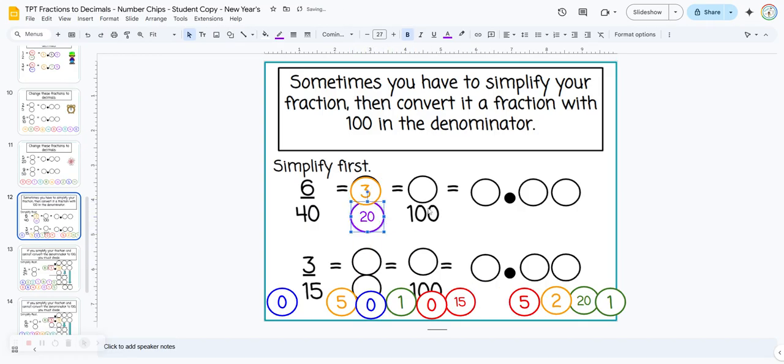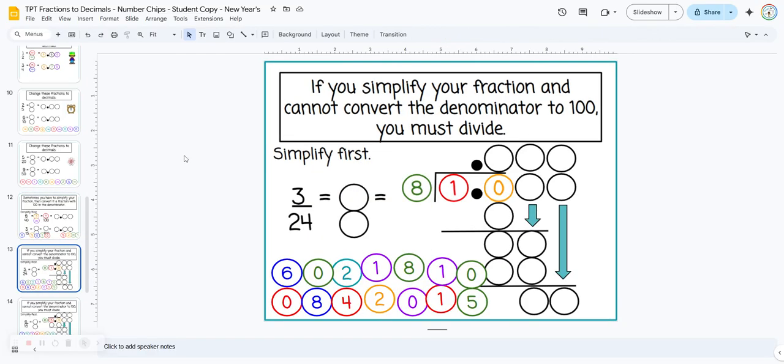Now we can change it to 100 by multiplying by 5. So we get 1500ths, which we can change to a decimal. 3/15ths, we're going to simplify that to 1/5, and then change it to an equivalent fraction with 100 in the denominator, then change it to a decimal.